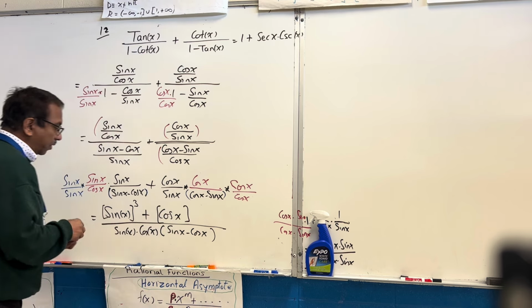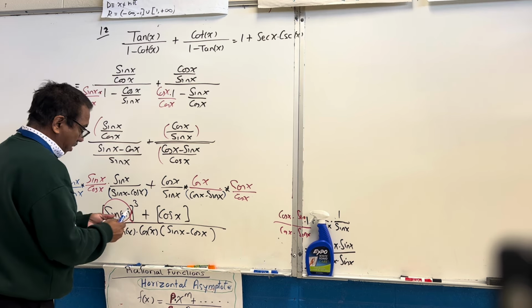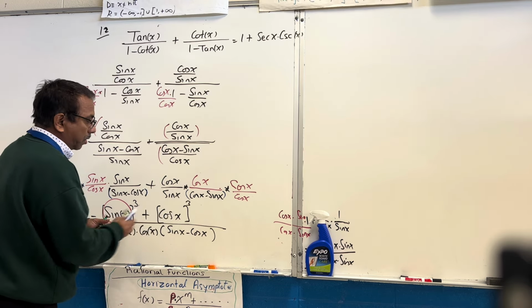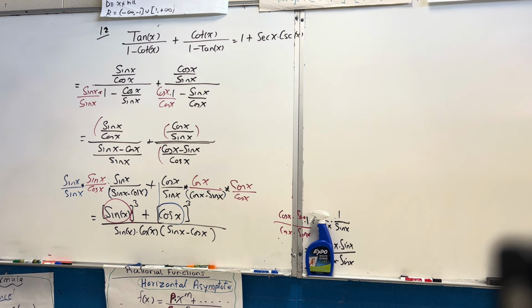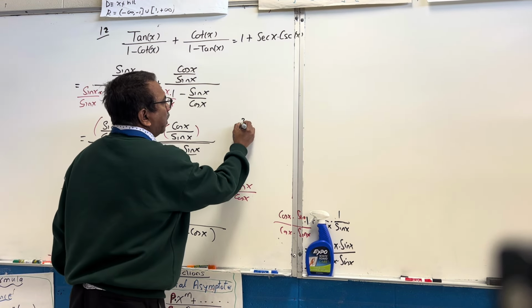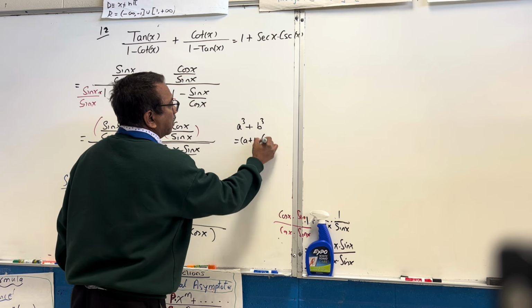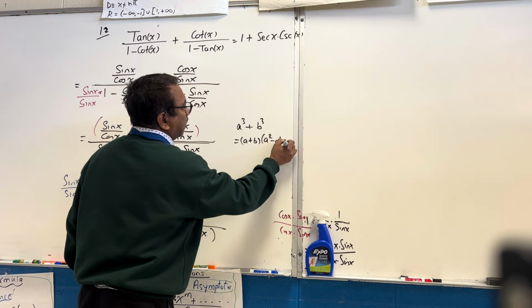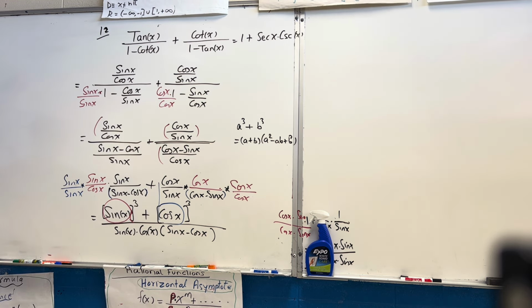And you can see this is of the form a cube, this is the 3 here, and this is b. So we can use a cube minus b cube. So what's a cube minus b cube? A cube plus b cube is a plus b, a square minus ab plus b square. So we'll use this here.